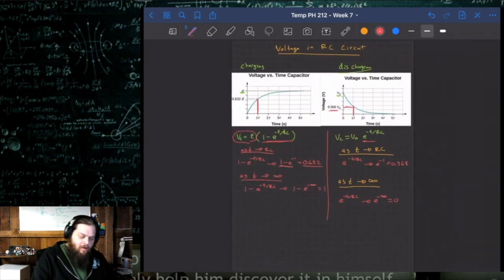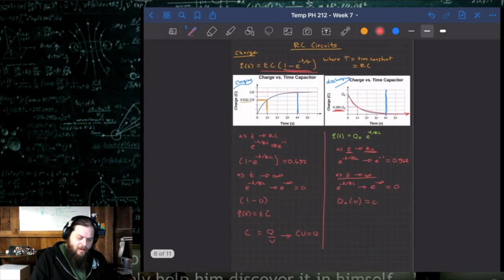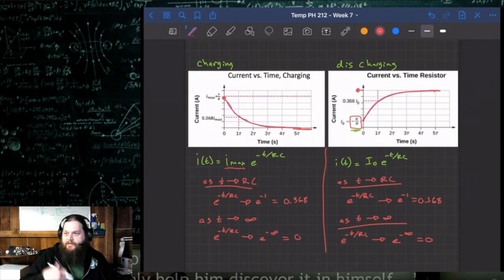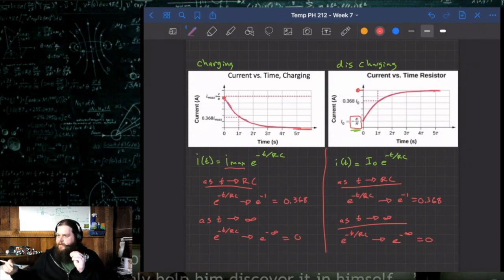And those are the 3 types of things we look at for RC circuits: the charge on the capacitor, the current that's caused from the capacitor charging or discharging. Notice when it's charging, the current starts off at its maximum and then gets weaker and weaker until the current's very small. When it's discharging, it starts off at kind of the negative of what the maximum current was and then discharges down to 0 current.